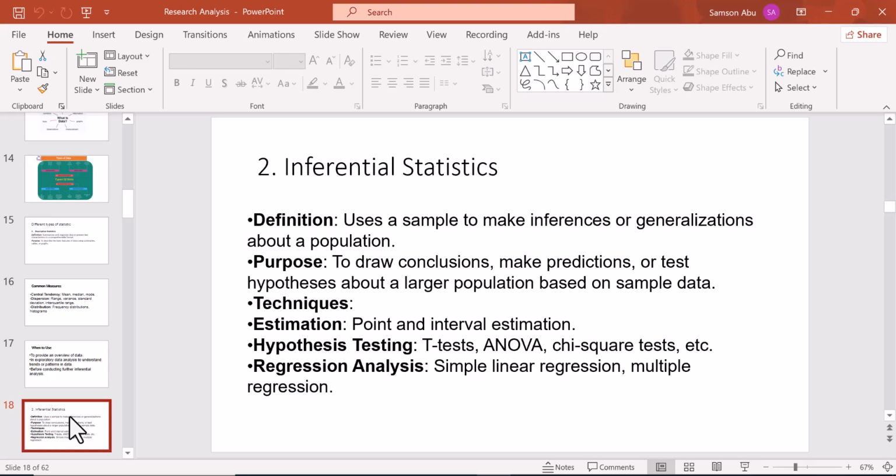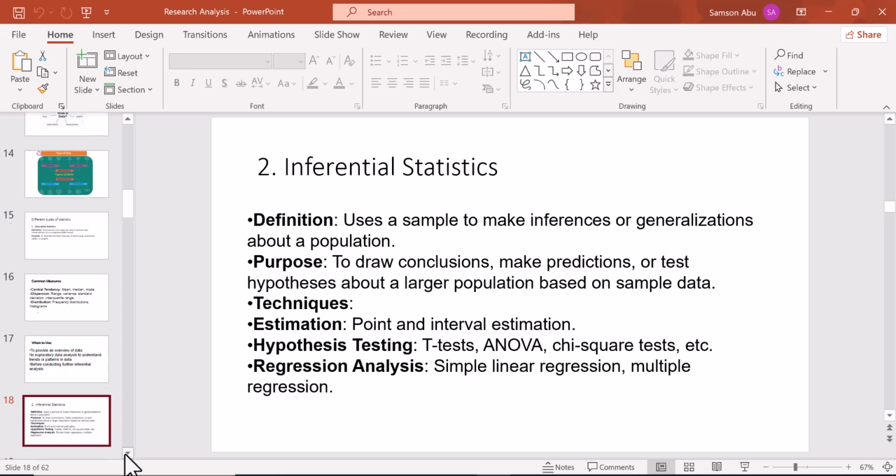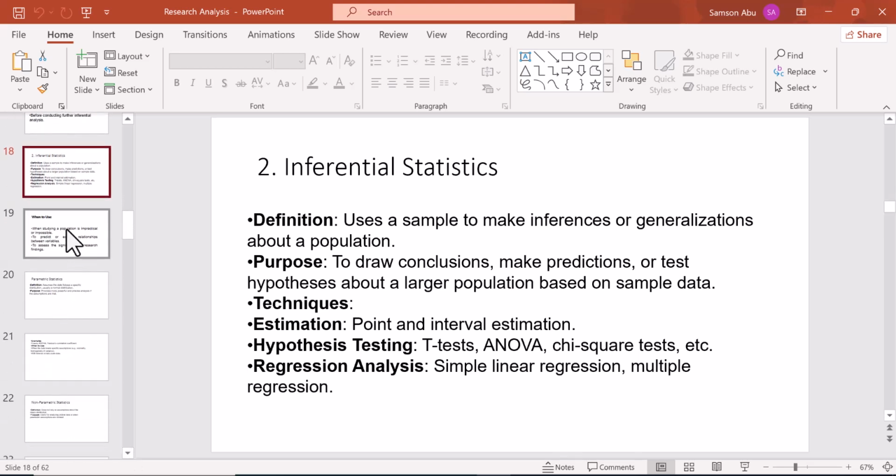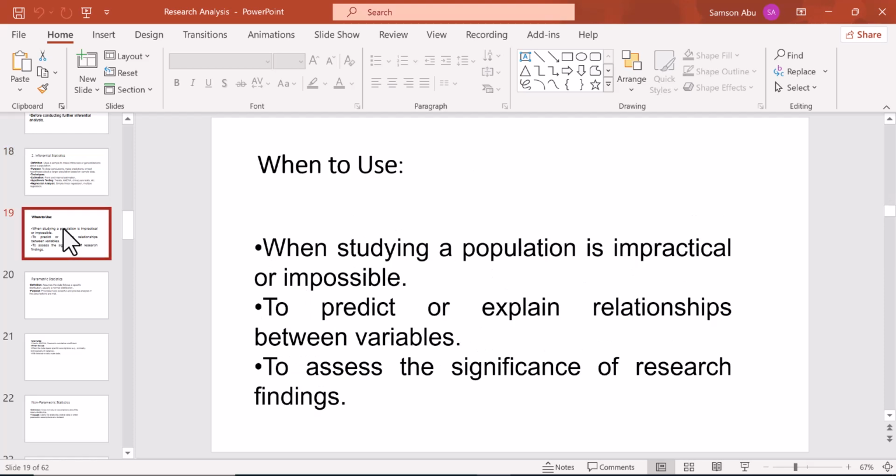Techniques to use include point and interval estimation, then hypothesis testing. We have the t-test, ANOVA, chi-square test. Regression analysis, we have simple linear regression and multiple linear regression. All these are examples of inferential statistics. Then when do we use it?